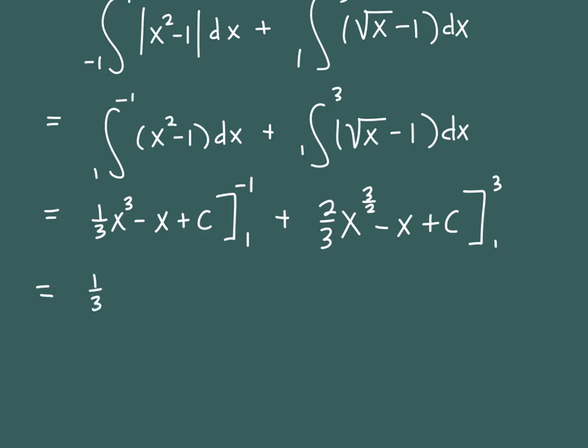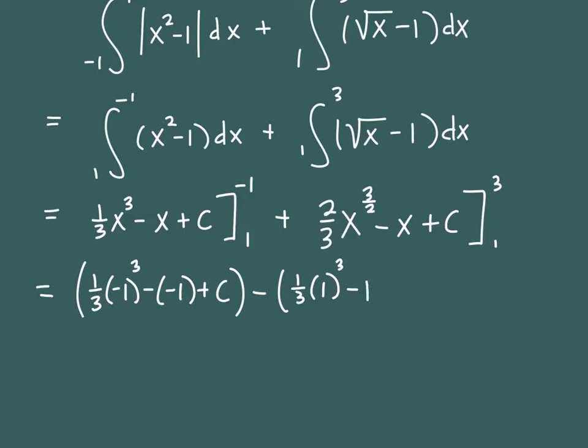So I'll have 1/3 times -1 to the 3rd minus parentheses -1 plus c, that's the negative plugged in, minus 1/3 of +1 cubed minus 1 plus c, which means I'll distribute my negative all through that.